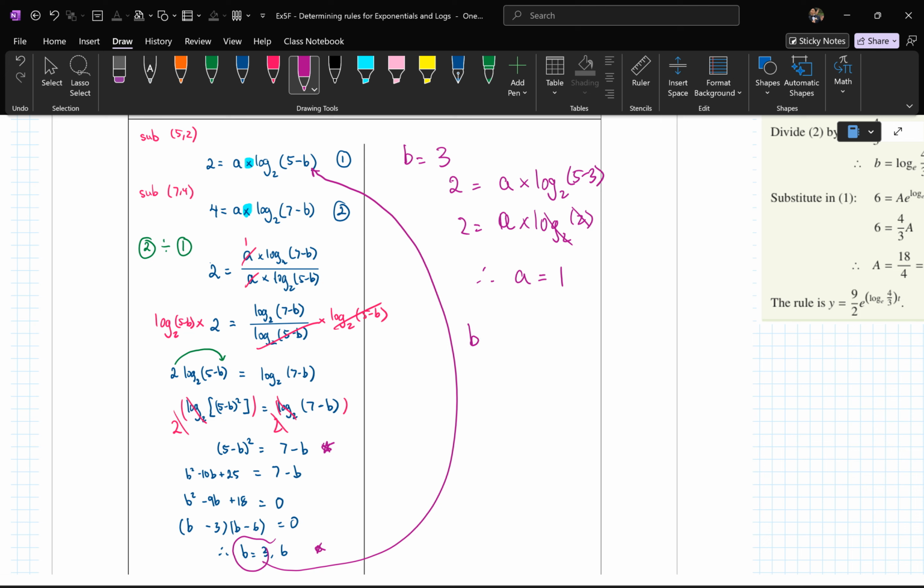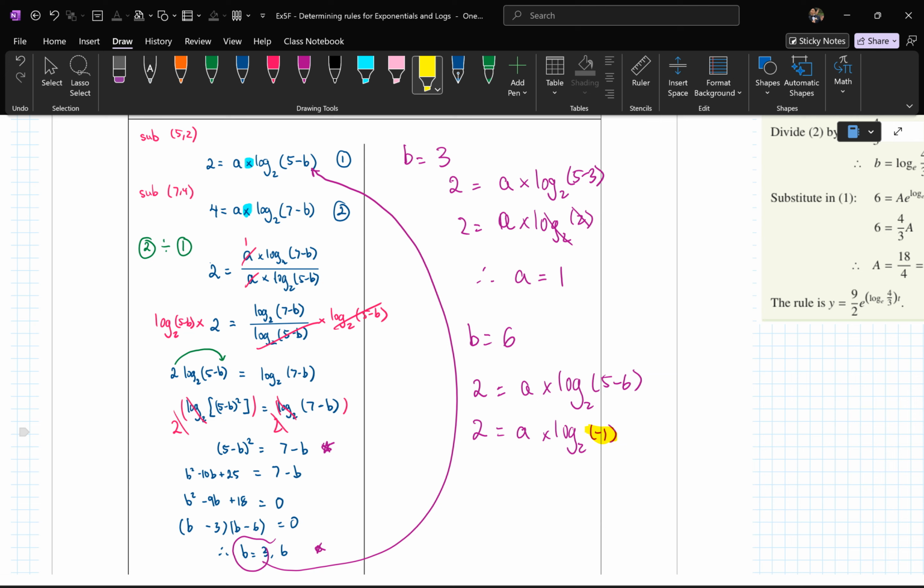But if you test 6, if b equals 6, what's the problem? Log 2 of 5 minus 6. A times log base 2 of negative 1. Right there is your problem. Therefore, b can't be 6 because then log 2 of negative 1 does not exist. It's undefined.